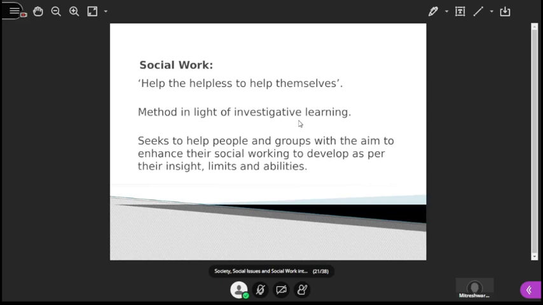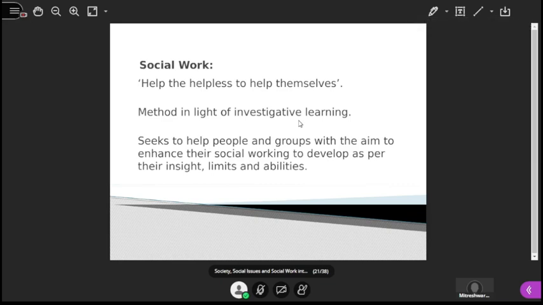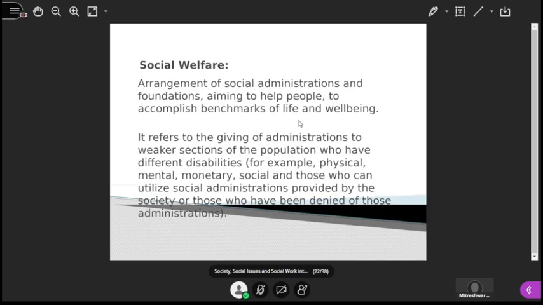Social work helps the helpless to help themselves. The method, in light of investigative learning, seeks to help people and groups with the aim to enhance their social functioning, to develop as per their insight, limits, and abilities. Social welfare, an arrangement of social administration and foundation aiming to help people to accomplish standards of life and well-being.